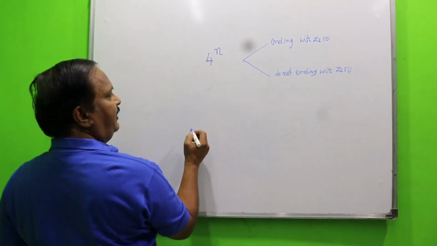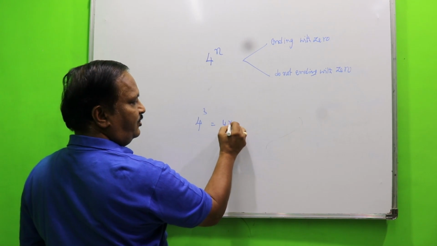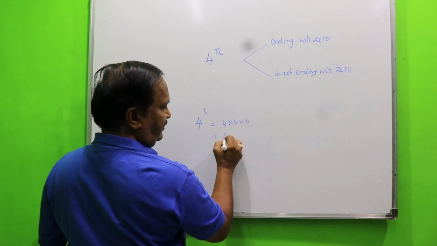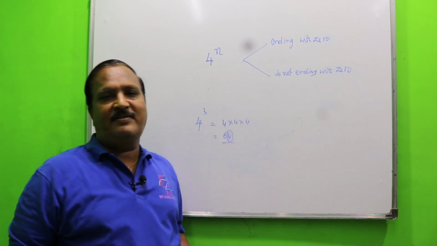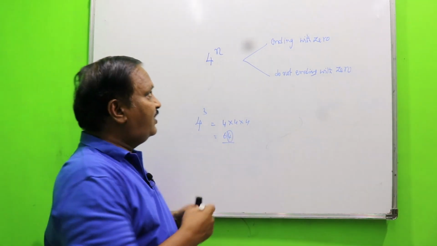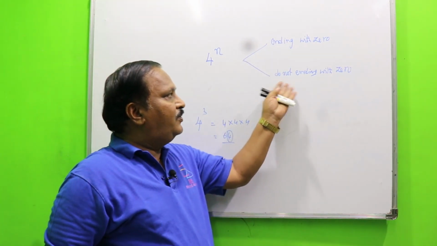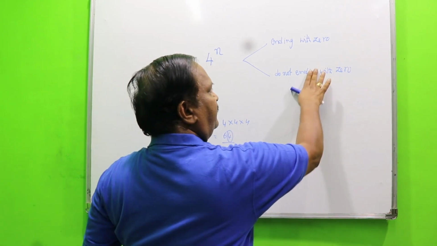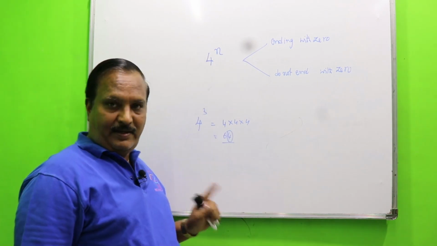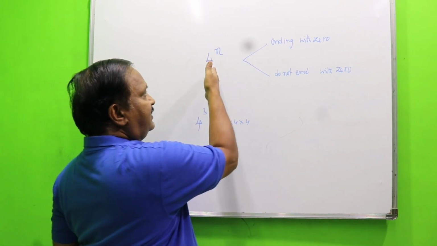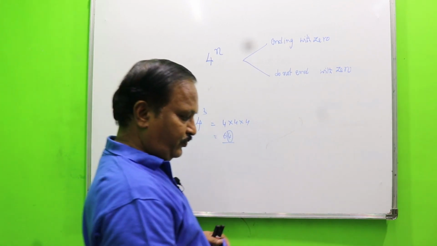For example, in place of n you write 3. So 4 to the power of 3 is 4 into 4 into 4, which is equal to 64. So 64 does not end with 0. This is the meaning of ending with 0 or not ending with 0. Now for any number n, we have to prove that 4 to the power of n does not end with 0.